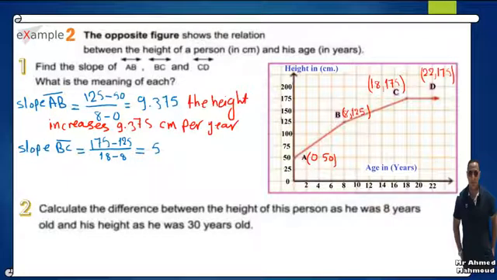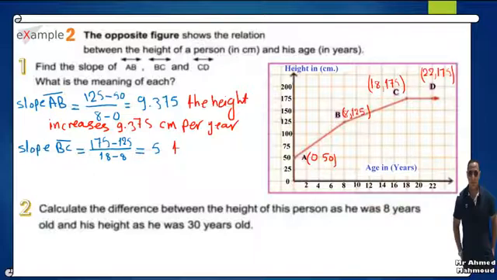That means his height increases, because the slope is positive.